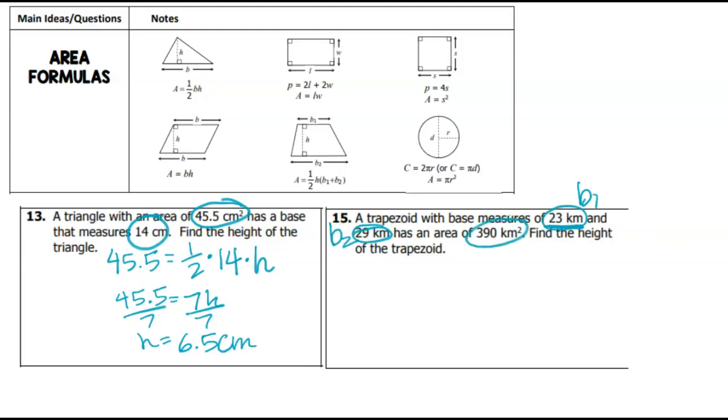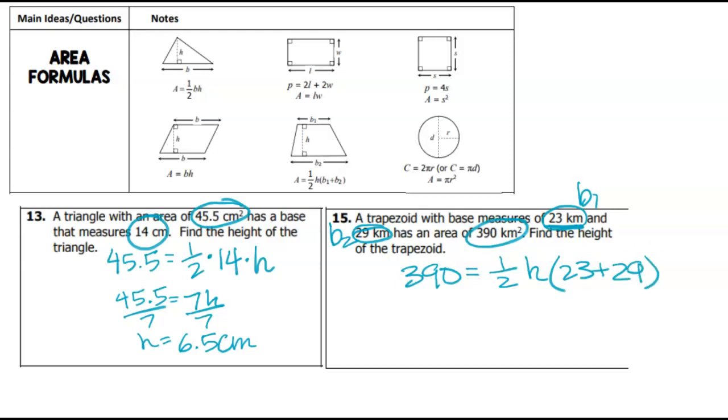Find the height of the trapezoid. Okay, so my area is 390. I'm going to have 1/2 times the height, so I don't actually know the height. I'm going to leave that as a variable. And then I'm going to take my base 1, 23, and my base 2, 29.